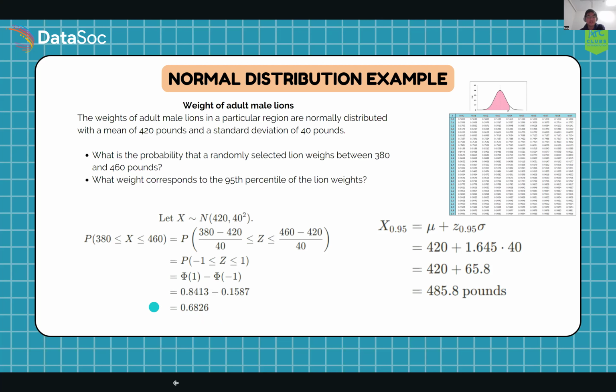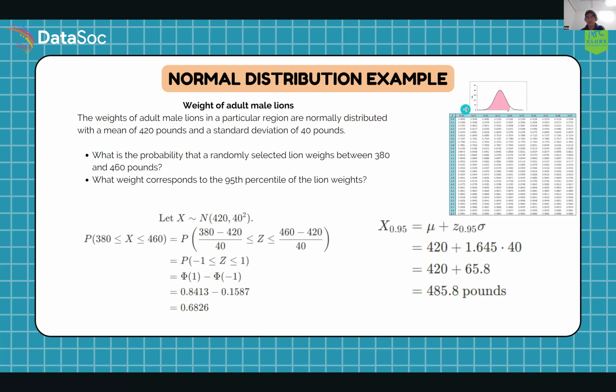The next question we have is, what weight corresponds to the 95th percentile of the lions' weight? To find this, we want to find the X value that contains the 95th percentile, and we can do that by using the mean plus the Z value at 0.95.